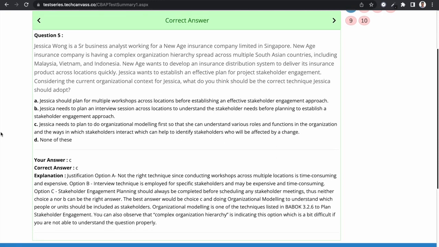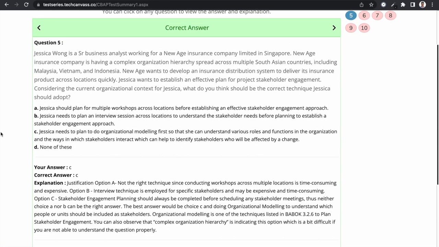The correct answer here is that the business analyst Jessica needs to do organizational modeling first. Let's look at the justification for why the other options are not correct. It says that workshop is not a right technique, interview is not a right technique, whereas organizational modeling is. So let's see what option A is and why it is not right.